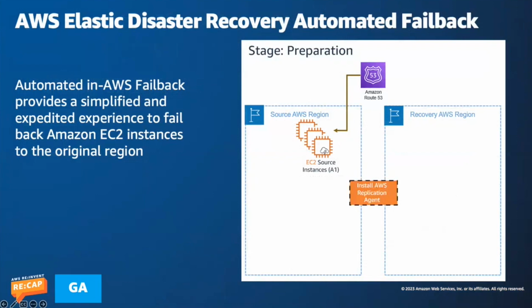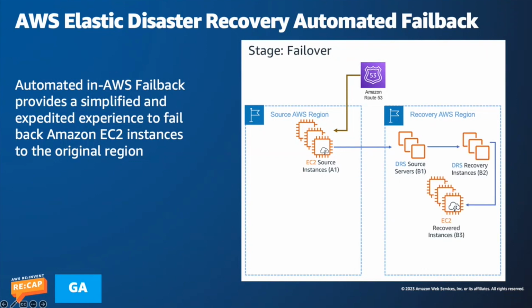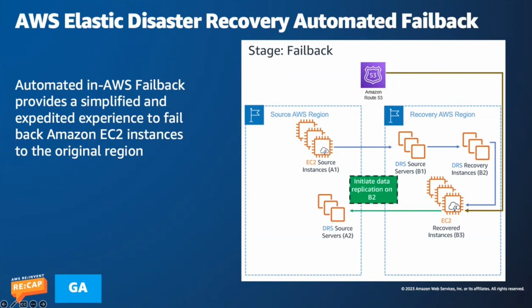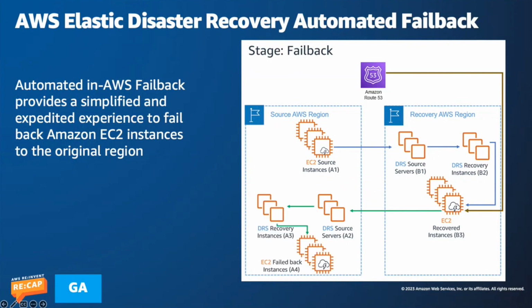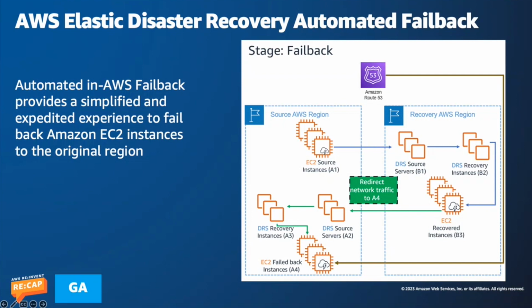There is another functionality that you may be familiar with, which is the AWS Elastic Disaster Recovery, which helps customers use AWS as an elastic recovery site for on-premises applications without needing to invest in on-premises disaster recovery infrastructure.